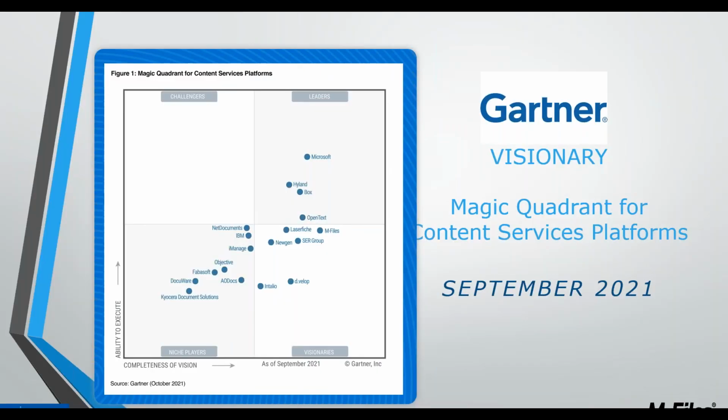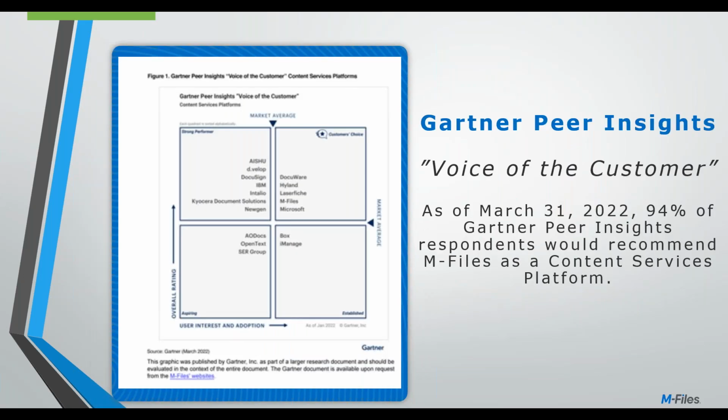Another one is in terms of the Gartner report. M-Files has been voted as the most visionary in terms of content services platform. And another one that I can share is in terms of Gartner Peer Insights. As of March 31st this year, M-Files has been voted as the Voice of the Customer, as 94% of the Gartner Peer Insights respondents said that they would recommend M-Files as their content services platform.